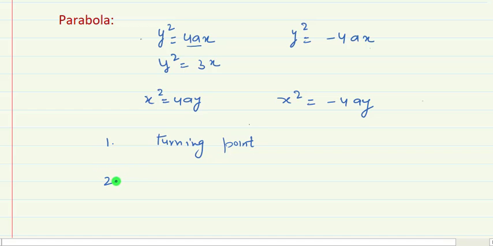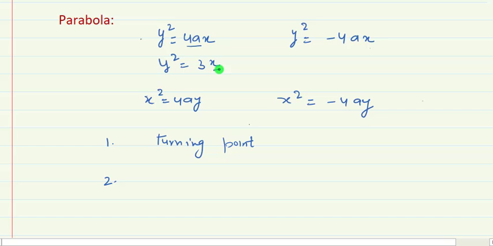Number two, we should know which axis the parabola is lying along. To know this, we should look at the variable which is linear, meaning which has power 1.